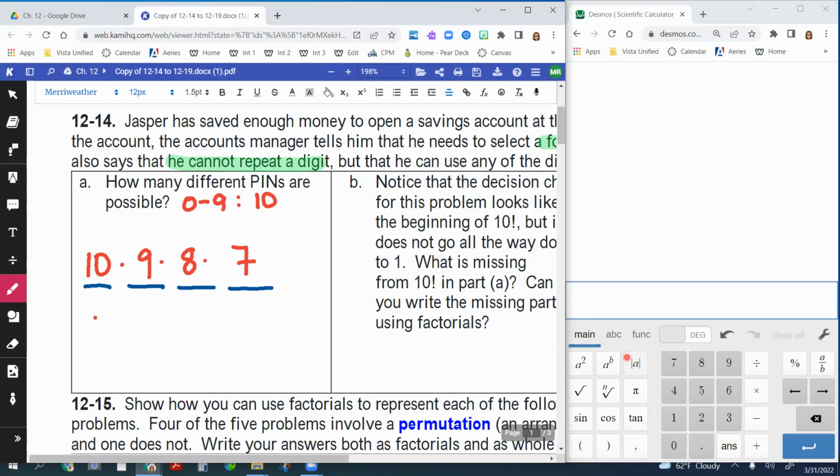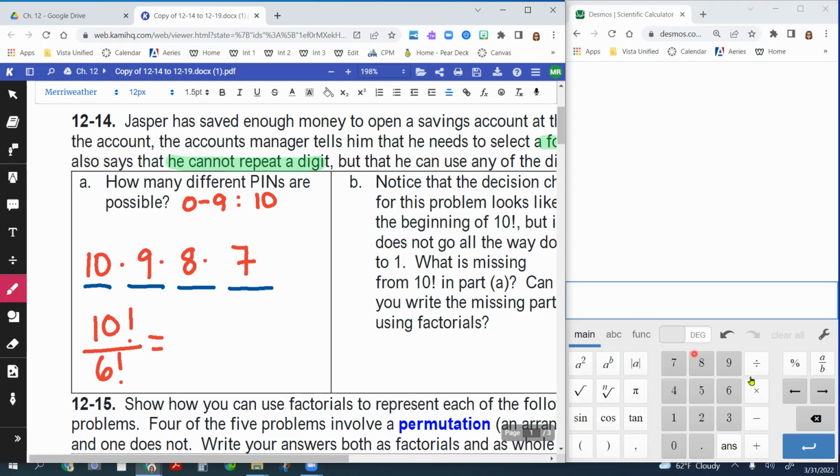Now, the other day, I was talking to you guys about this being really 10 factorial, but what's missing from the 10 factorial is 6, 5, 4, 3, 2, 1. So if I divide this by 6 factorial, this is going to give me the same answer.